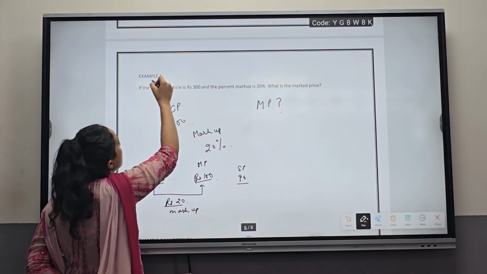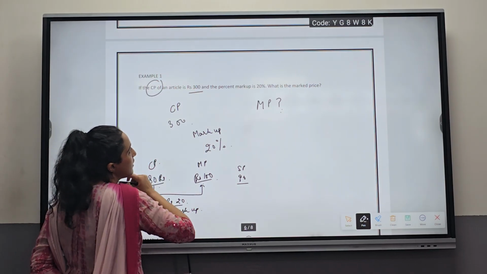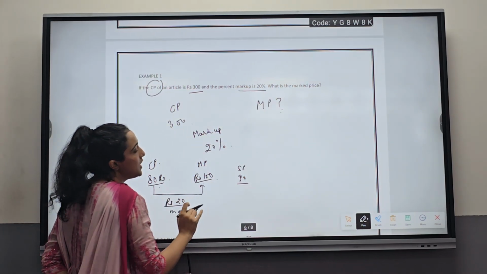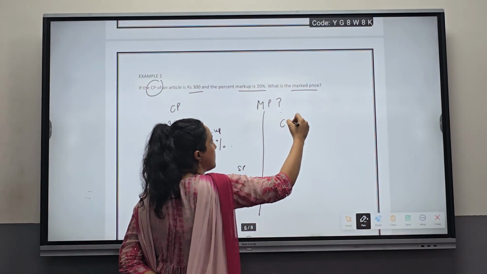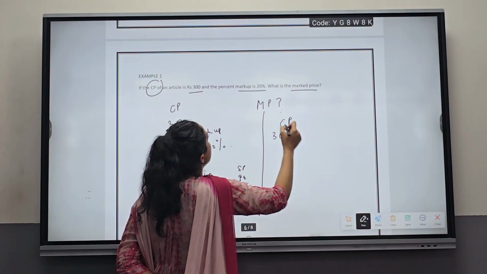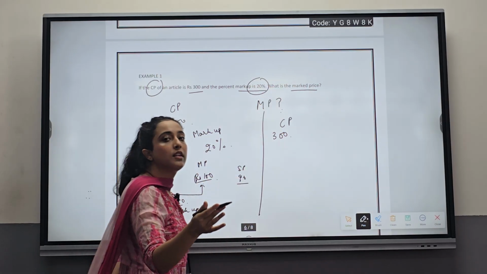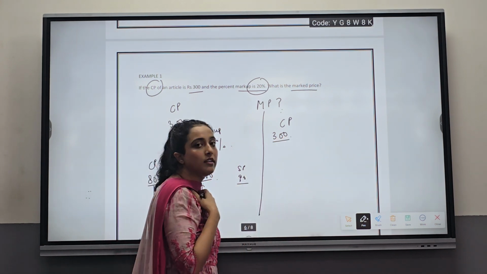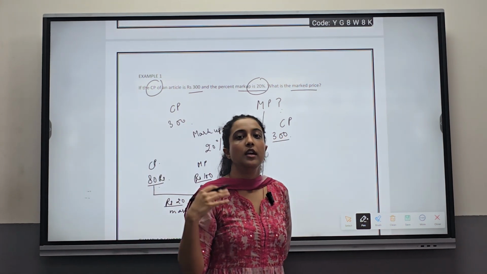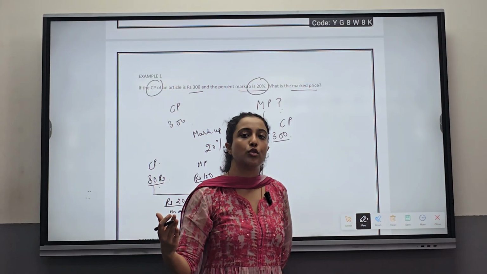So if the cost price of an article is 300 and the percentage markup is 20%, what is the marked price? Again, you have the cost price, this is 300. You want to increase your amount by 20%. 20% of what? Of 300, since you purchased it for 300. You want a 20% increase in its value.